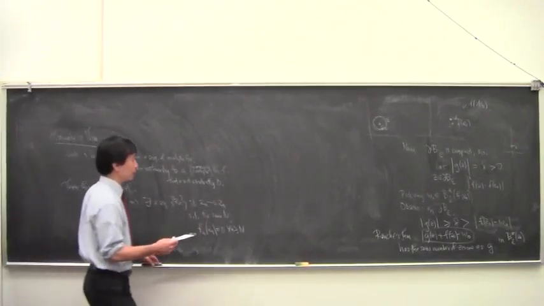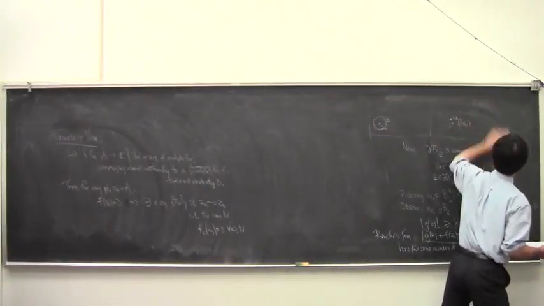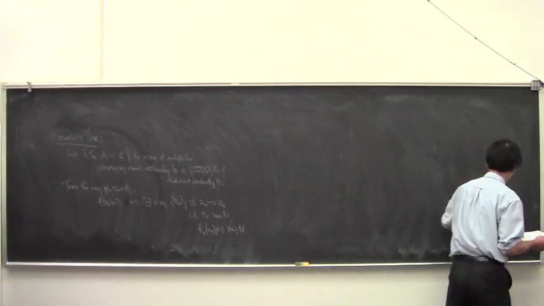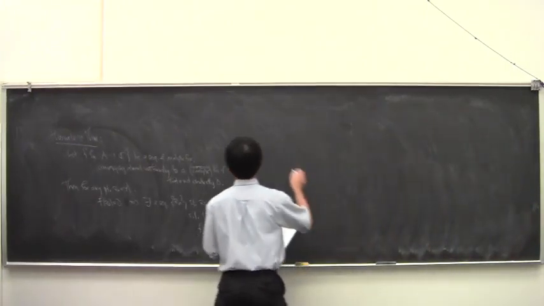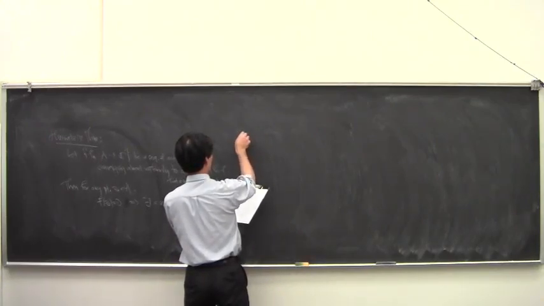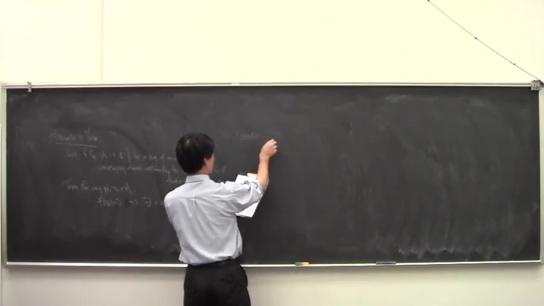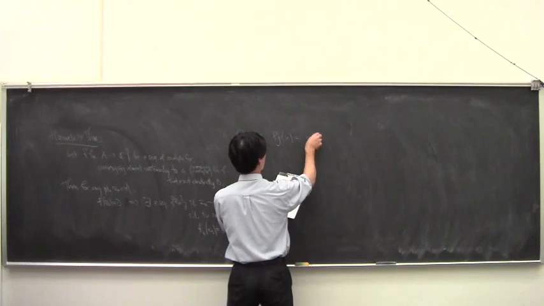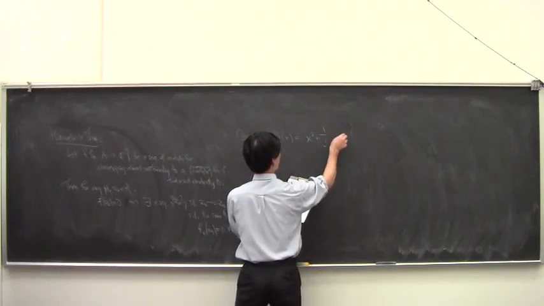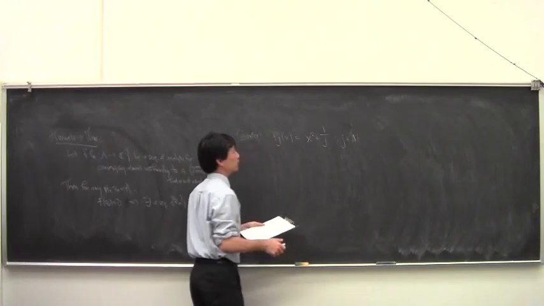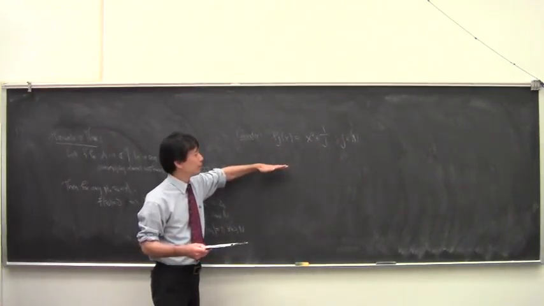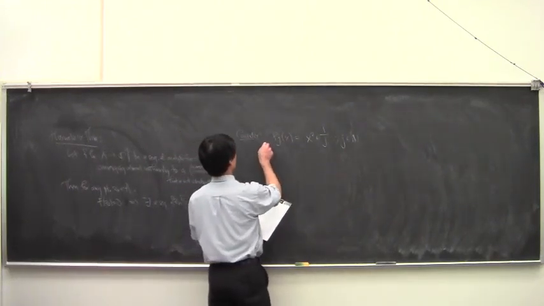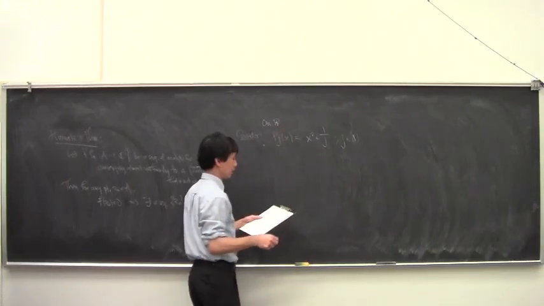So to show you how weird this is, here's something to think about. If you consider the sequence of functions f sub j of x equals x squared plus 1 over j. So you have these parabolas, and they're creeping downwards towards the x-axis.